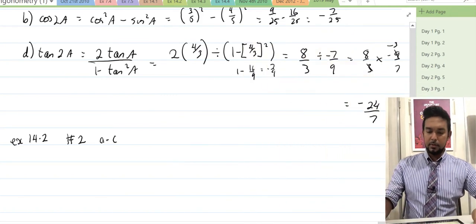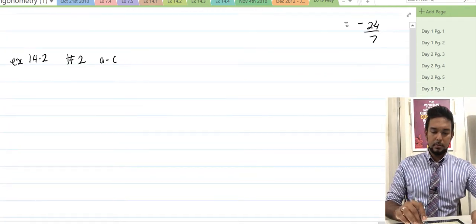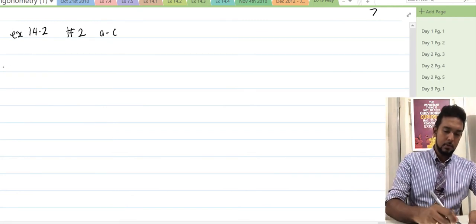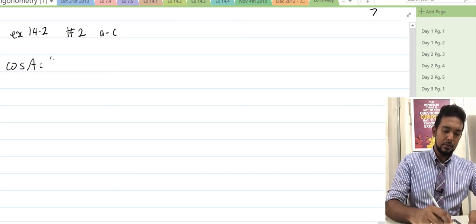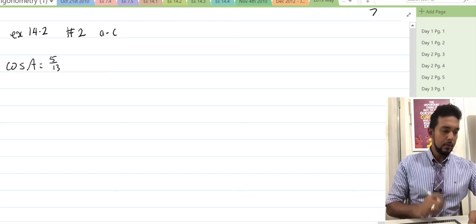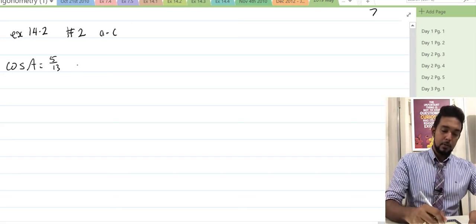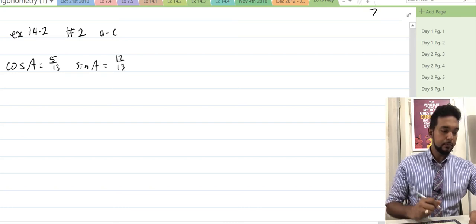All right. You guys ready? Well, let's take a look at this one. Cosine of A is equal to 5/13, and we have to calculate sine 2A, cos 2A, tan 2A. All right, so we know from our calculations and from earlier working that sine A is 12/13.